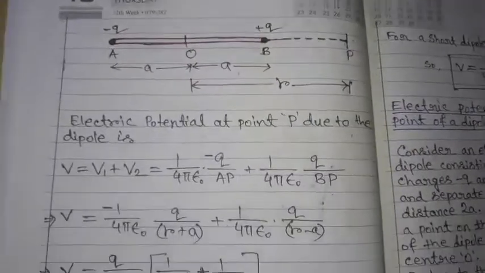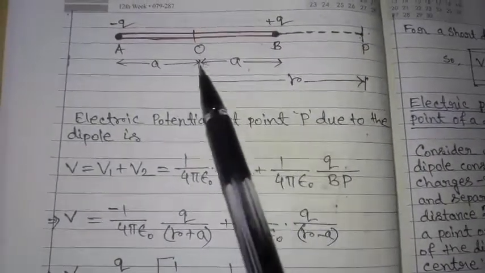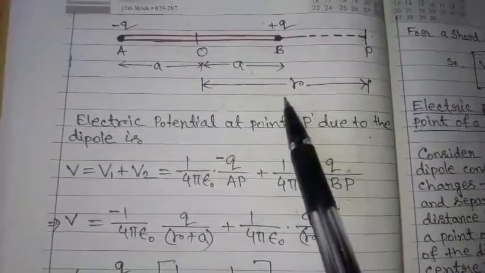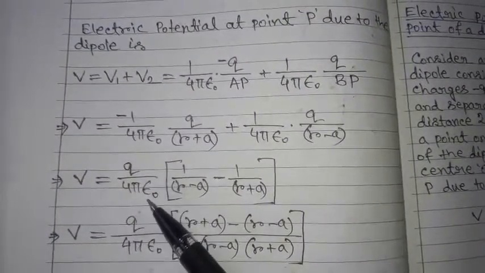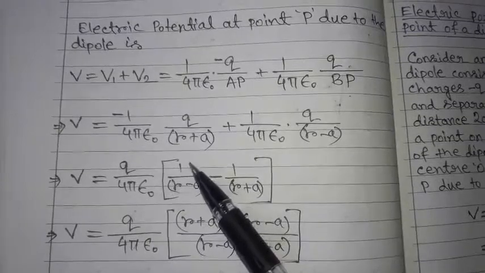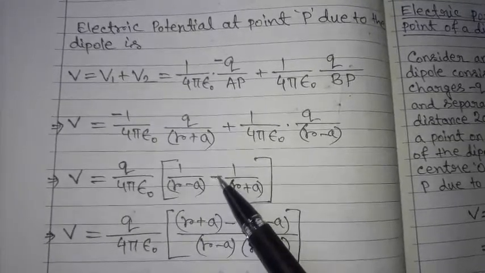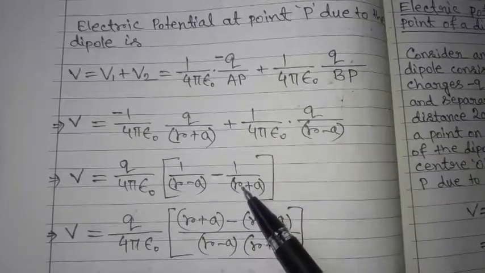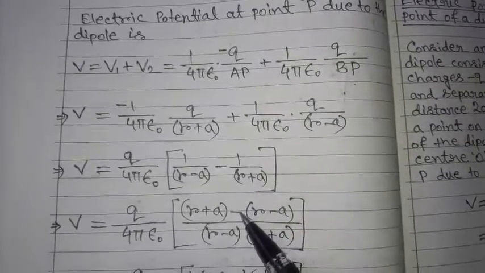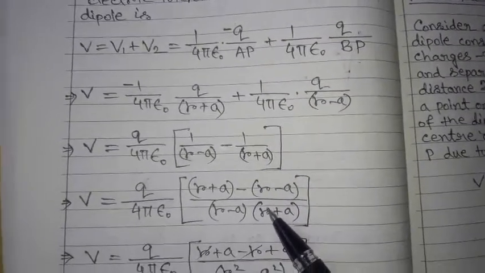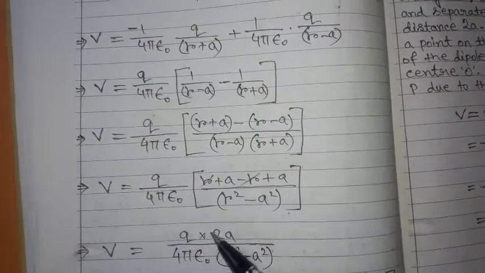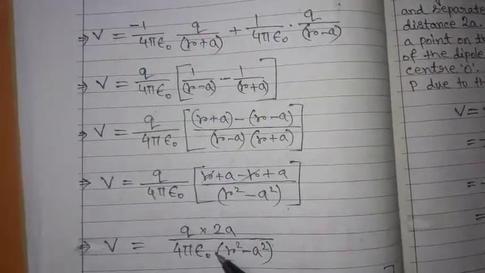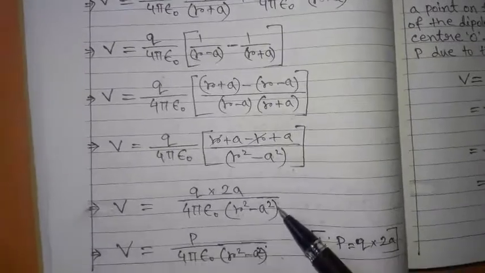Clearly AP equal to r plus a and BP equal to r minus a. Here we have taken common q by 4 pi epsilon 0 times 1 by r minus a minus 1 by r plus a. We did the subtraction of the fractions like this, and finally we get V equal to q into 2a by 4 pi epsilon 0 into r square minus a square.